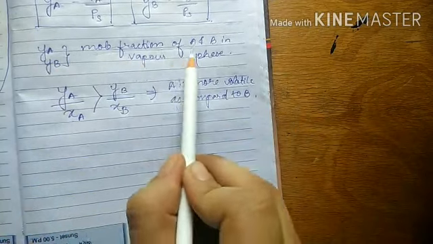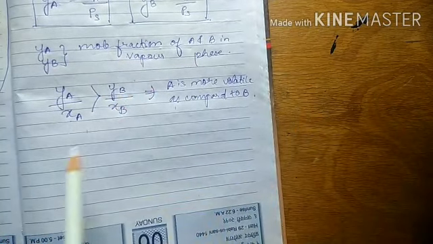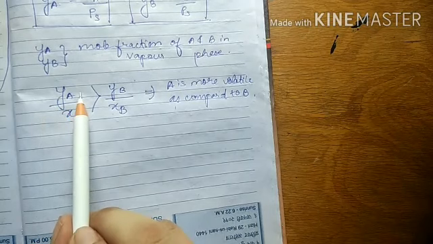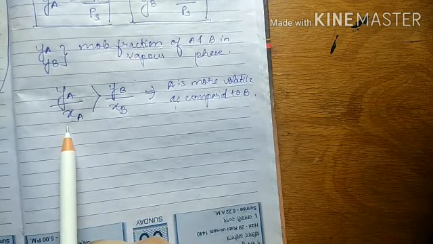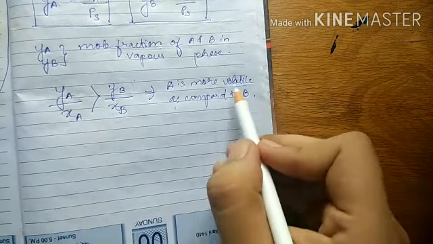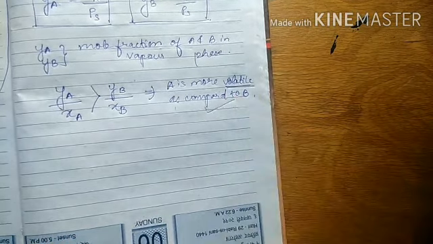YA and YB, they are the mole fractions. I referred to them as vapor pressure. So if the ratio of the mole fraction of A in the vapor phase upon the mole fraction of A in the solution is greater than that of B, then we can say that A is more volatile as compared to B.